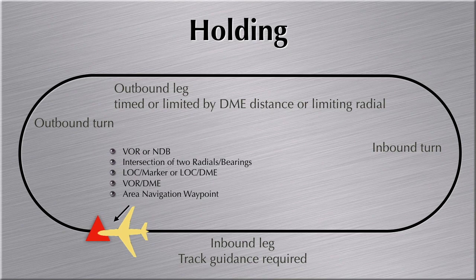Alternatively, the outbound leg length could be limited by a DME distance, or alternatively, a limiting radial. At the end of the outbound leg, the aircraft will fly the inbound turn to intercept the inbound leg again. On the inbound leg, it's a must to have track guidance.